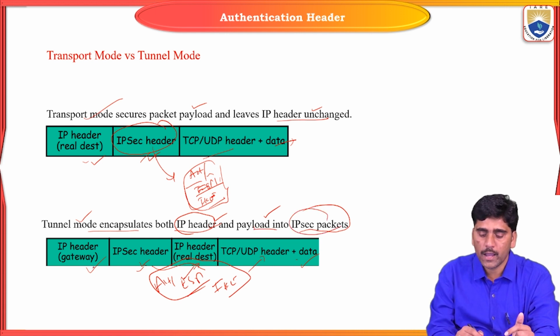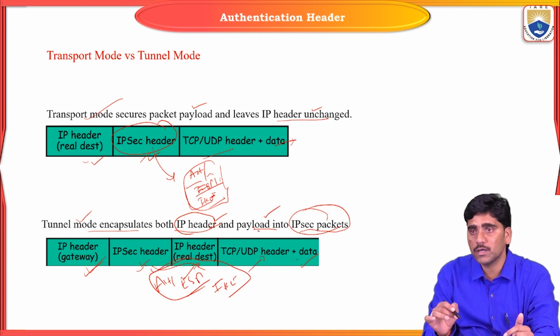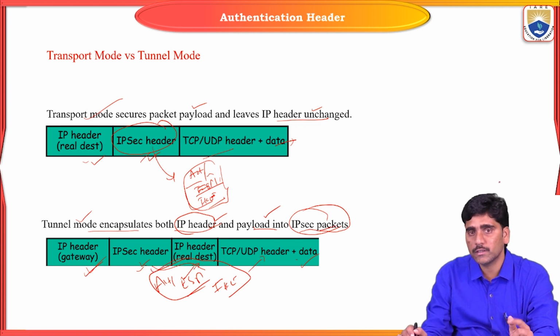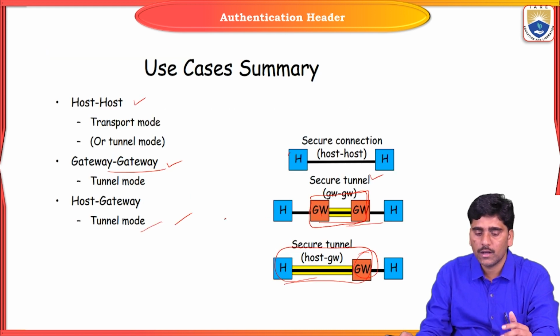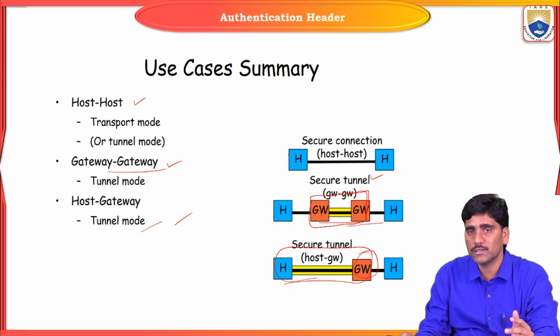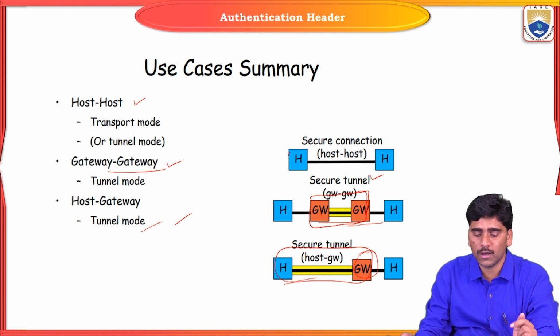So the IP header and payload are both encapsulated into IP secure packets. This is the difference. And these are the use cases, with services from host to host, gateway to gateway, or host to gateway. So this is all about the authentication header in the IP security services.